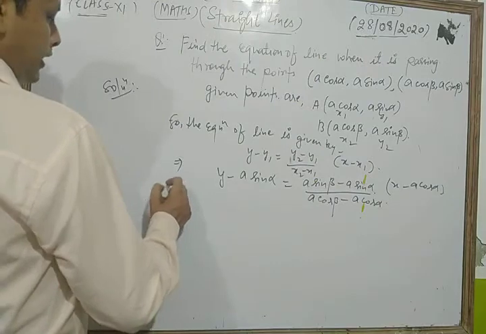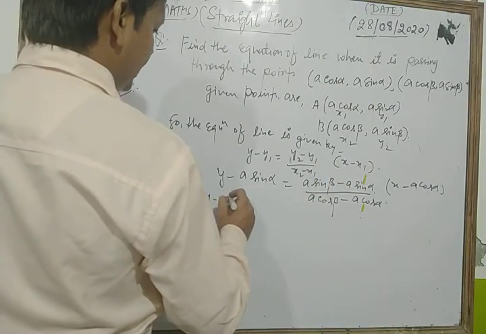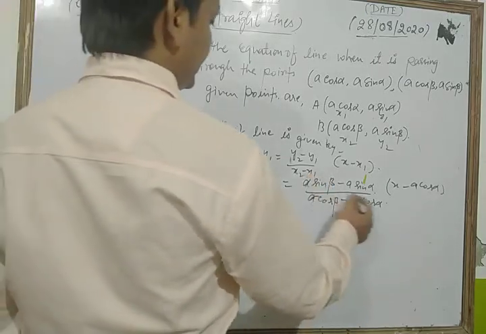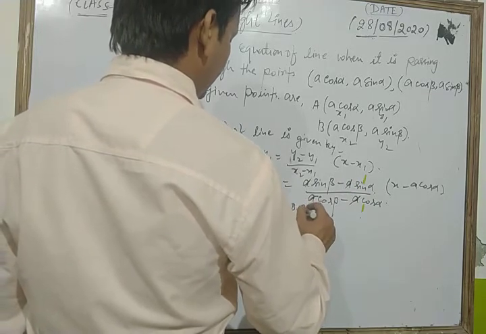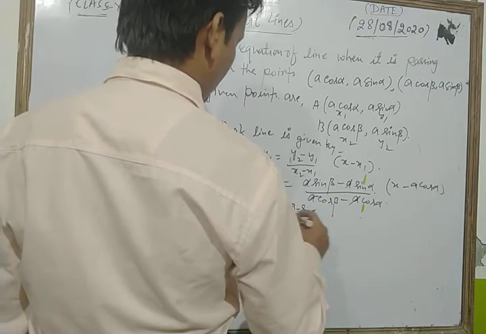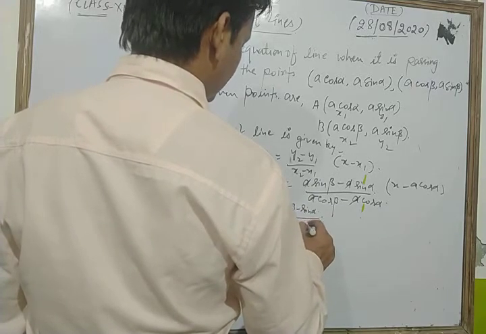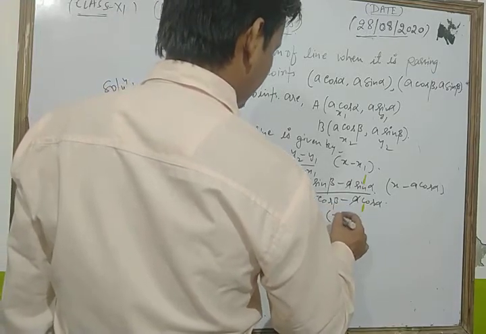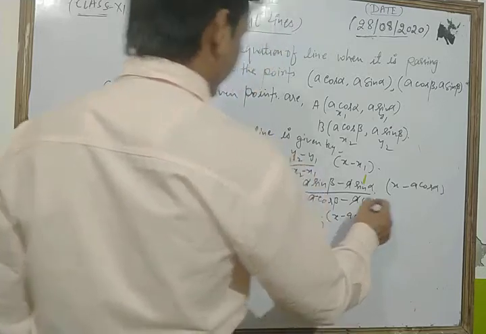Now what I do, we take a common. Here we have a times y minus a sin alpha is equal to, taking a common, a cancels, so we have sin beta minus sin alpha upon cos beta minus cos alpha, in bracket x minus a cos alpha.